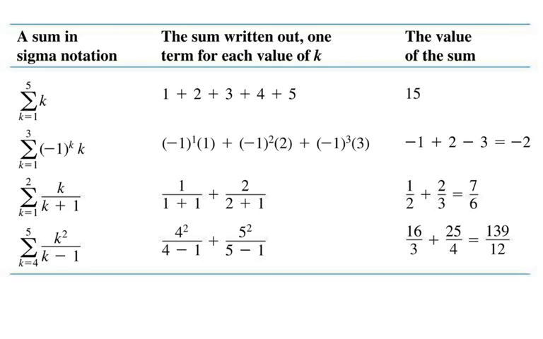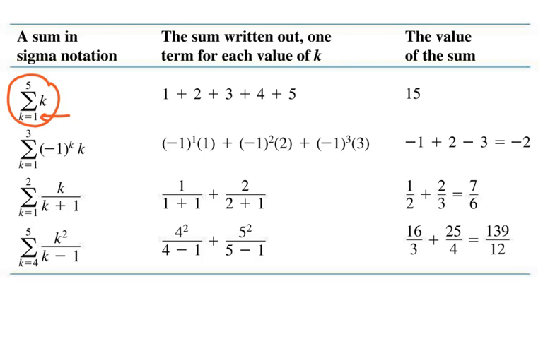So now on this screen we have some examples of sigma notation and what it looks like when you list out the terms, and then what the actual sum value is if we were to add up the terms. Okay, so we're just going to analyze these. This first one, we're going to have 5 terms.